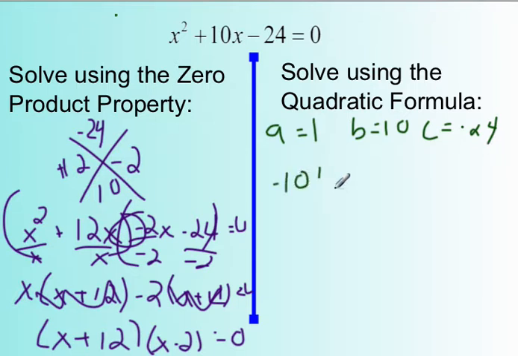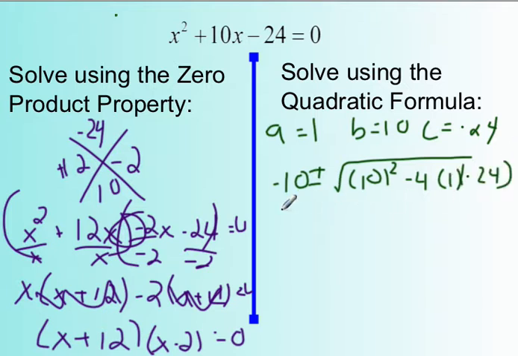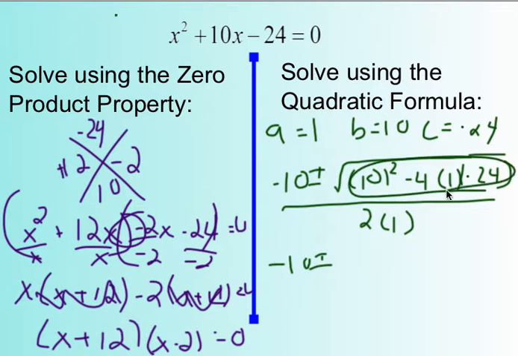Negative 10 plus or minus the square root of 10 squared minus 4 times 1 times negative 24, all of that divided by 2 times 1. So again, when I'm plugging this into the quadratic formula, I want to make sure what's underneath the radical is correct. Okay, so I type that into my calculator.